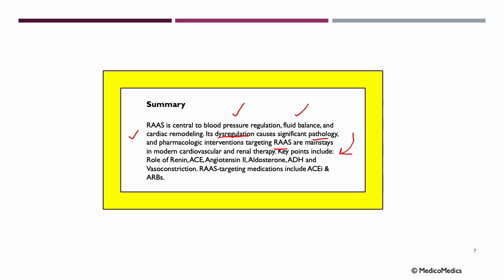Key points include the role of renin, ACE, so angiotensin converting enzyme, angiotensin II, aldosterone, antidiuretic hormone, and the concept of vasoconstriction. RAAS targeting medications include mainly ACE inhibitors and angiotensin receptor blockers.